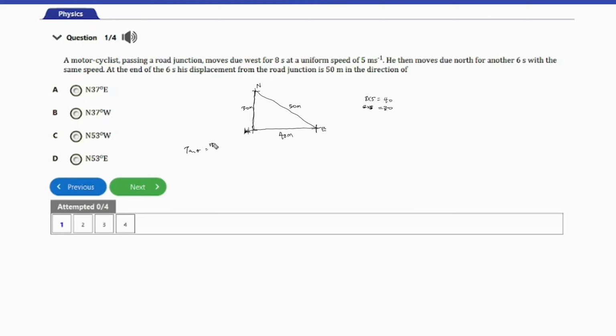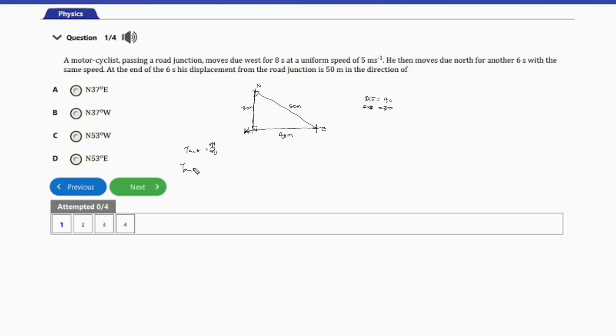tan theta is equal to opposite over adjacent. If the angle forms at this point and here is the 90 degrees, the side lying here is the adjacent side, while the side lying opposite the angle is the opposite.